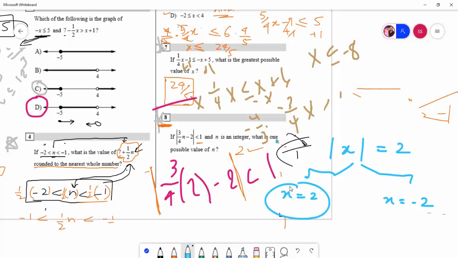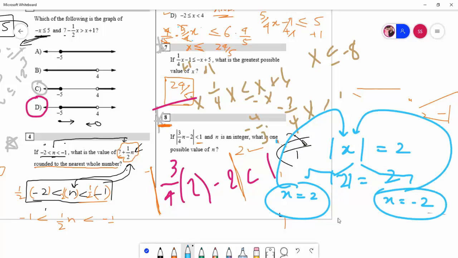Because when you plug in x as 2, the absolute value of 2 is 2, and when you plug in x as negative 2, the absolute value of negative 2 is again 2. So there are two answers: either 2 or negative 2. Is it making sense? Yeah, I remember we learned this.